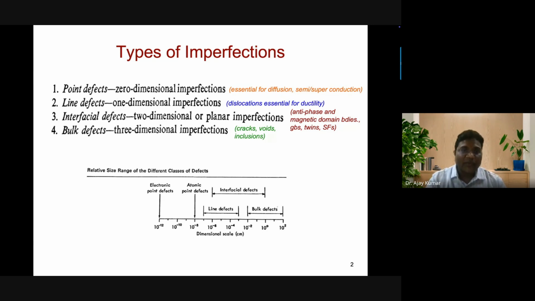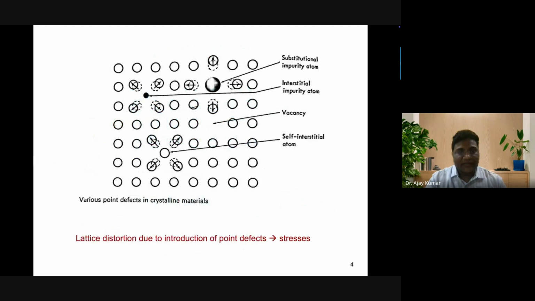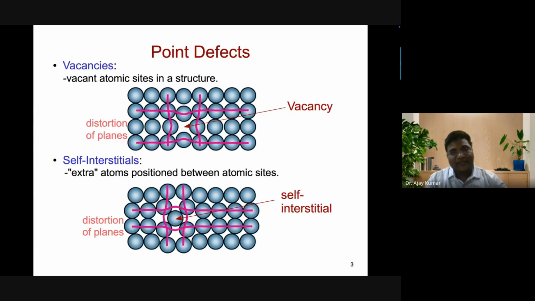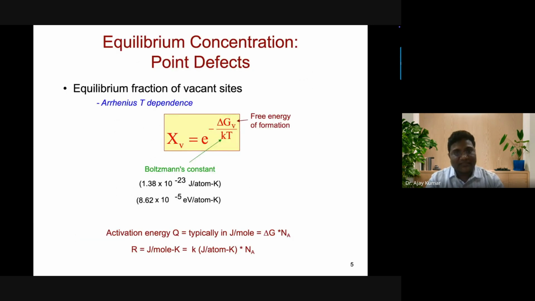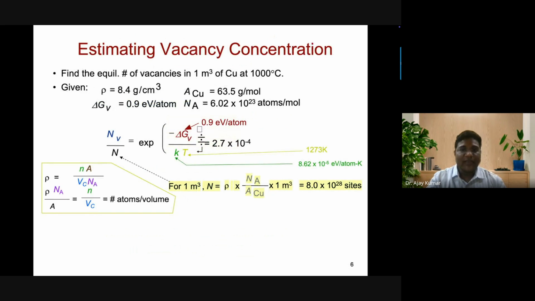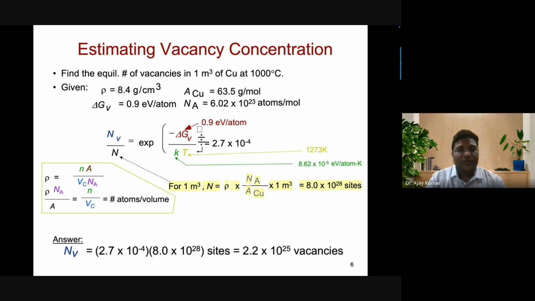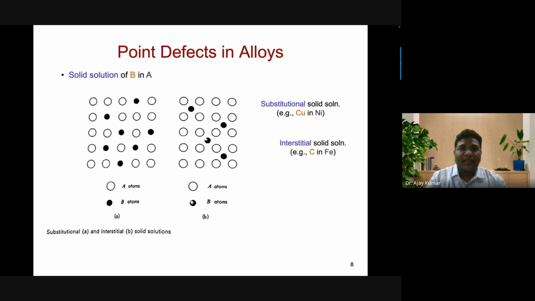For the point defects, you will know that we have vacancies and self interstitials, right? There is how to represent the vacancy and how to represent the self interstitial, and we also have the equilibrium concentration of these point defects. I'm not going into detail, but giving you the brief overview, so that we save time.